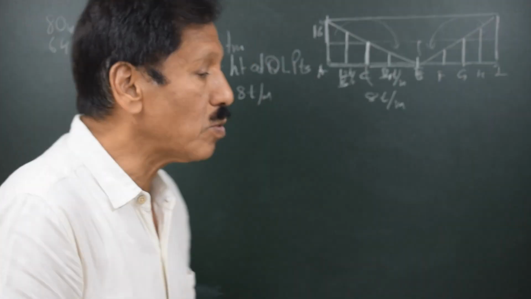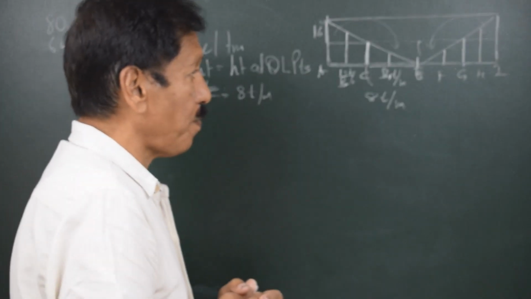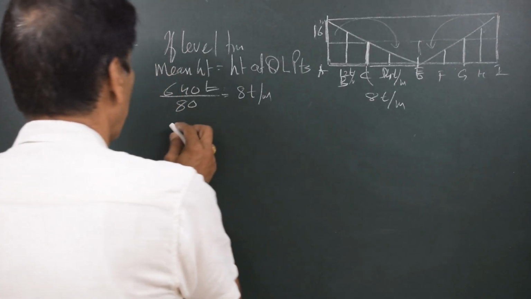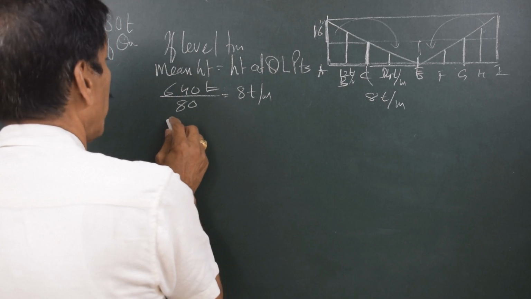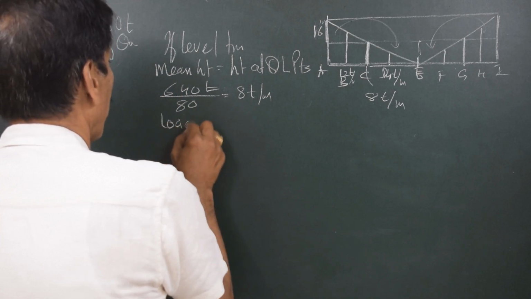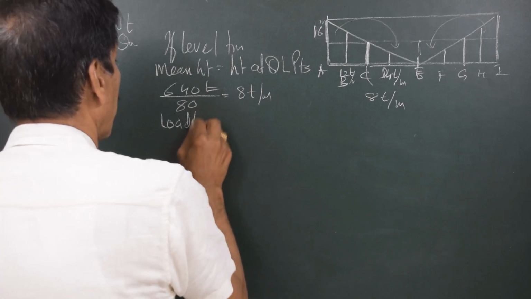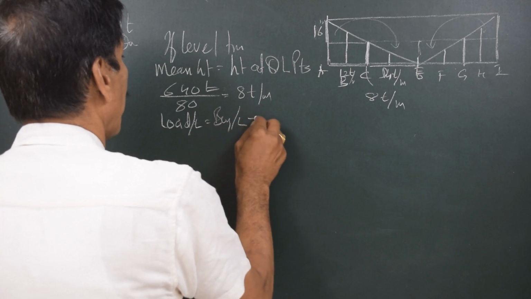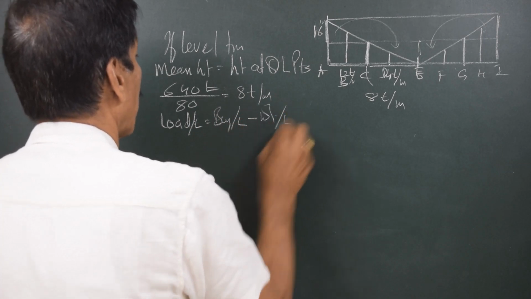So load is the difference between the weight and buoyancy, right? So if we consider these points, we say that the load per unit length is equal to buoyancy per unit length minus weight per unit length.